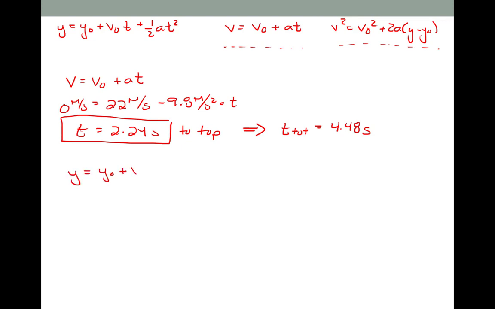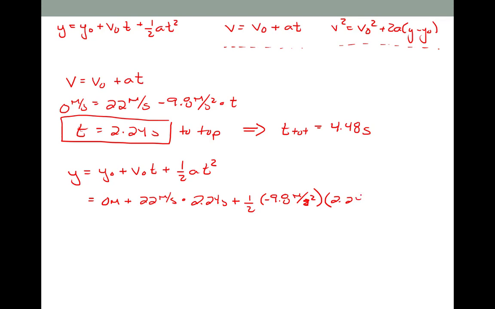Finding how far up it went, I'm now going to use the first equation. Initial position was 0. Initial velocity was 22 meters per second. Our time to the top is 2.24 seconds, times 2.24 seconds squared.